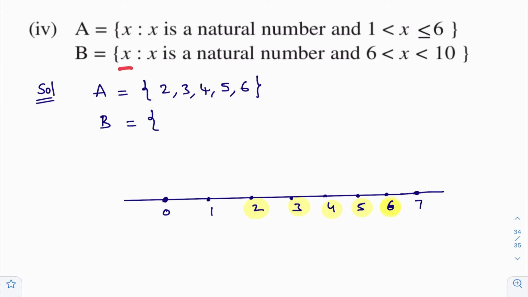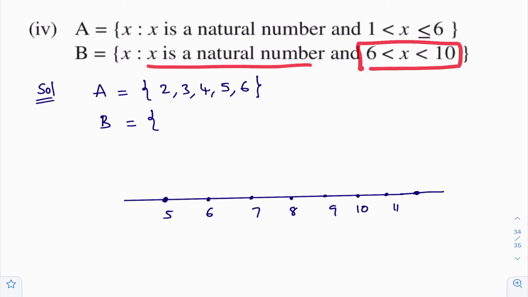x is a natural number, and x lies in between 6 and 10. Same, we'll take the number line. In between 6 and 10 they are saying 5, 6, 7, 8, 9, 10, something like this. x is a natural number and this notation tells you that x is in between 6 and 10. You identify the natural numbers which are in between 6 and 10. 7, 8, 9.